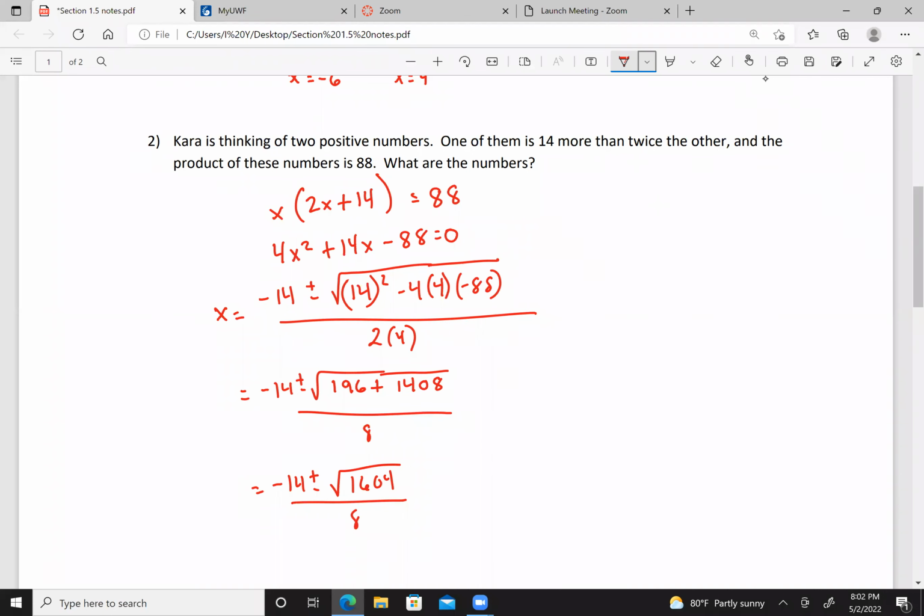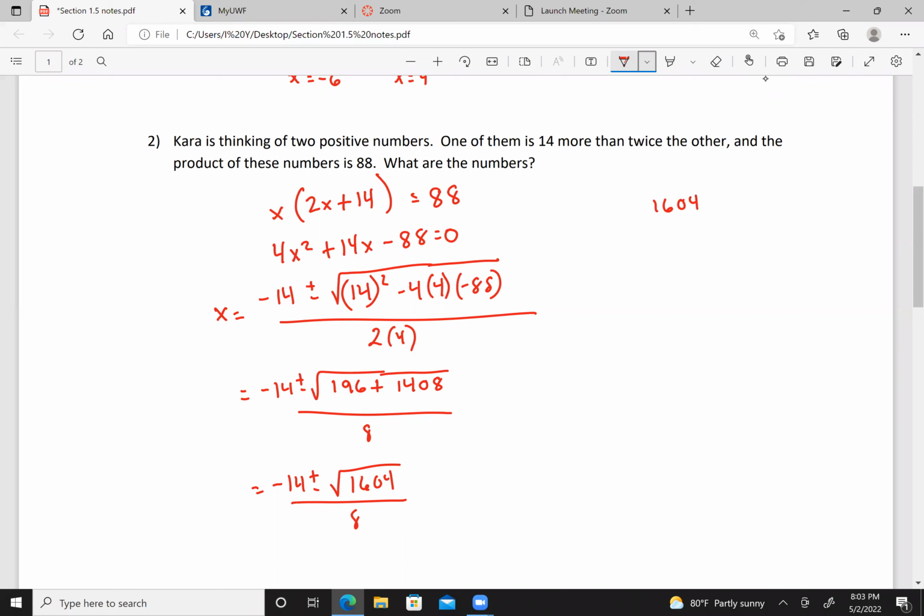Let's see if that's a nice even root. 1604, and we want the square root of it, and we get, oh, it is not. So let's look at 1604.